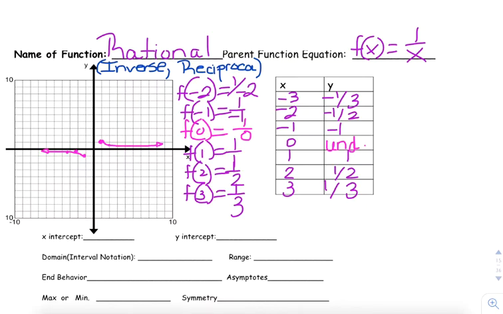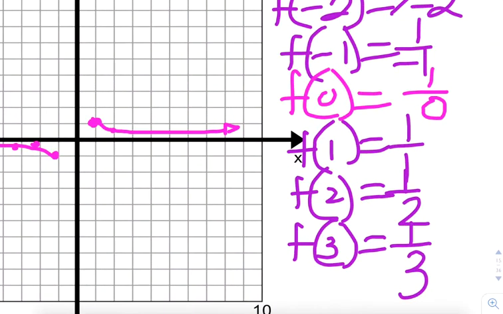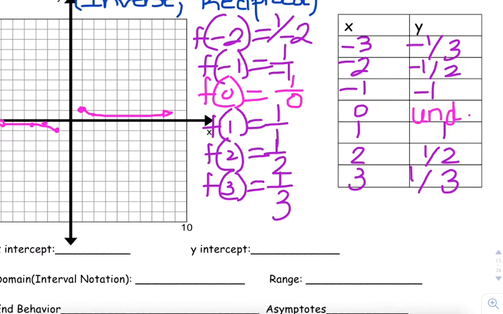So let's pick a number between 0 and 1, and let's go a little crazy. Let's pick 1 over 100, for example. So 1 over 100 is between 0 and 1. If I take that and say f of 1 over 100, that is 1 over 1 over 100.